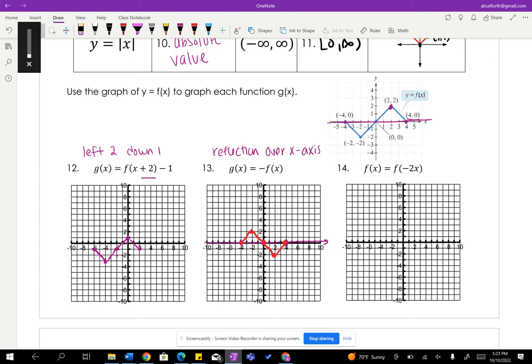Over here, we're going to reflect over the y-axis because the negative is inside. And then we will have a horizontal compression of 1/2 because it's the opposite because it's inside. Horizontal compression by 1/2.